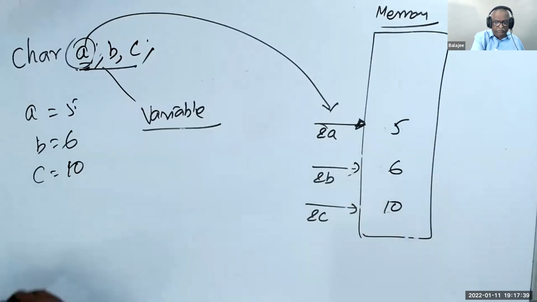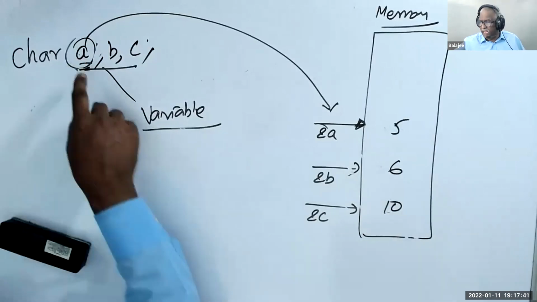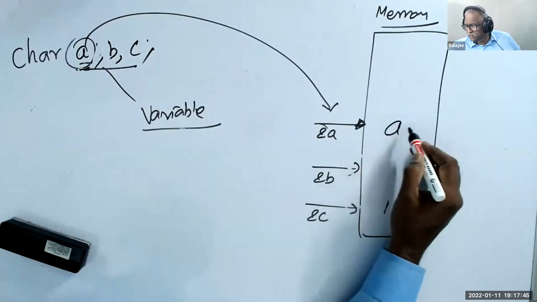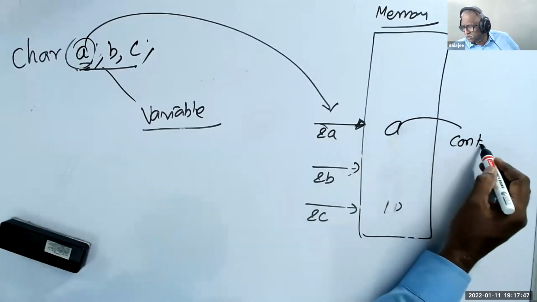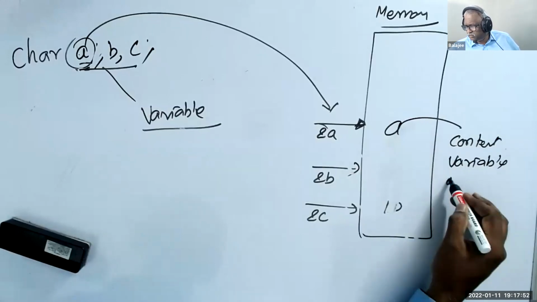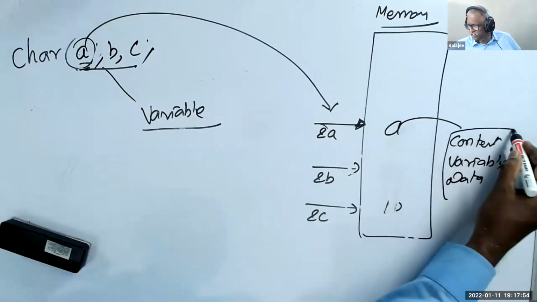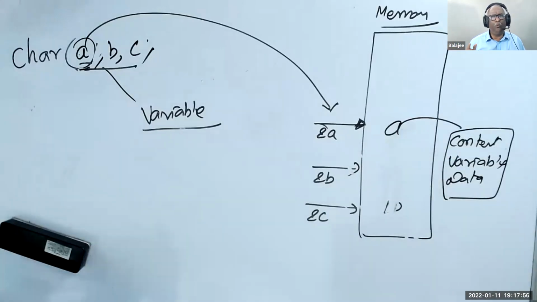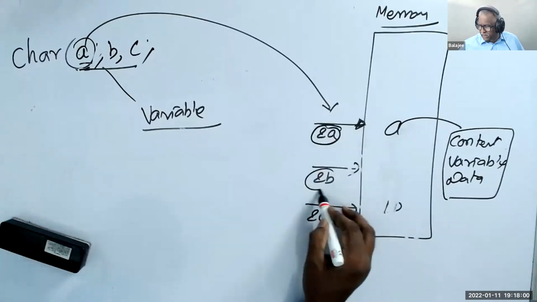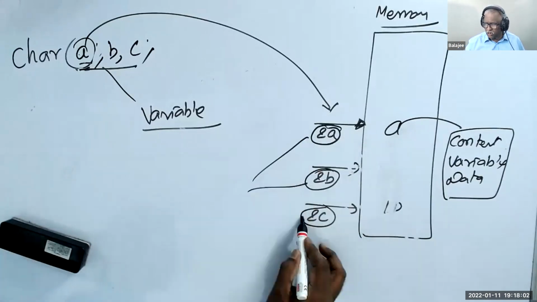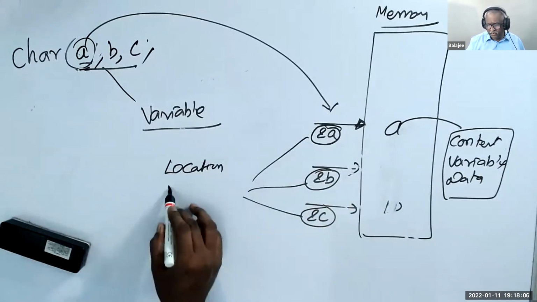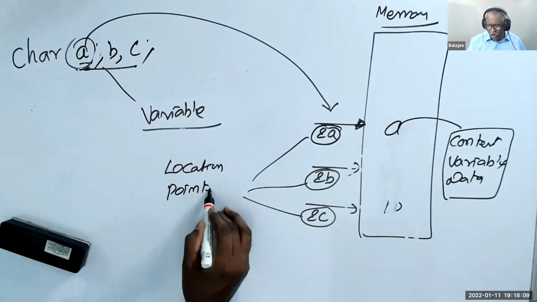So understand the difference between A and address of A. A is a content, or variable, or data. Understand this. Whereas address of A, address of B, address of C are called location, or pointer, or address.